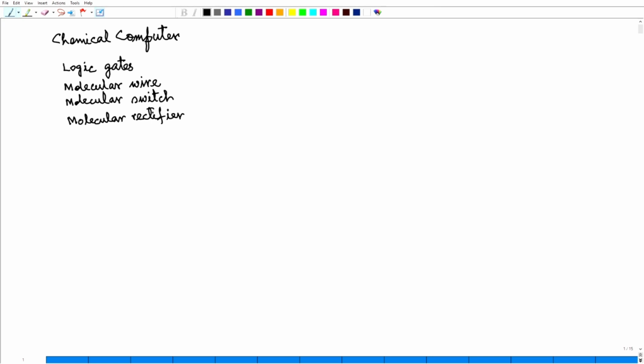All these things together are called the subject of molecular electronics. This is a use of supramolecular chemistry in material science.